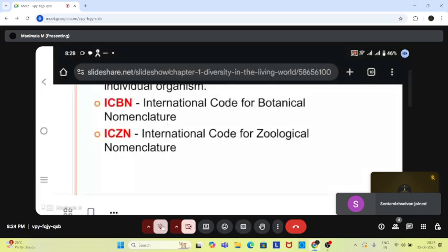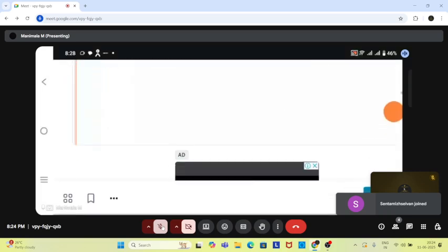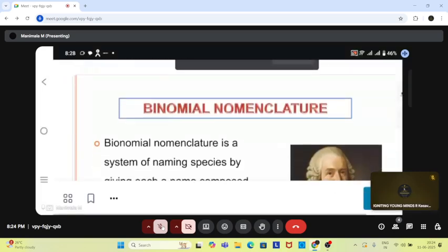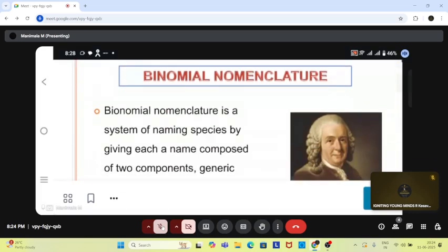Botanical nomenclature is for plants and zoological nomenclature is for animals. So this is binomial nomenclature. What is a binomial? Naming the organism by two names is called binomial nomenclature.